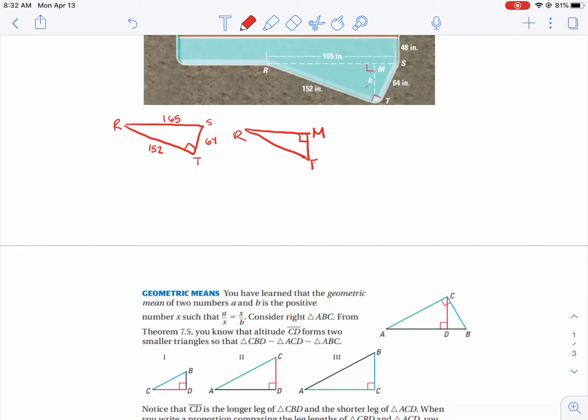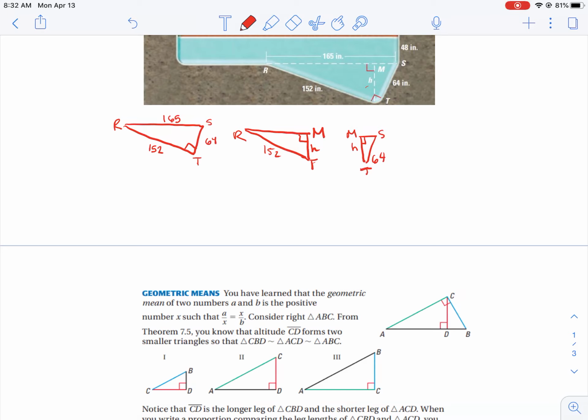And then this is 152. We'll call this H. We don't know what this is. And then our last triangle is that little one. That's our 90-degree angle. We have M, S, and T, and this is 64. And this is H. All right, so that's what we know.